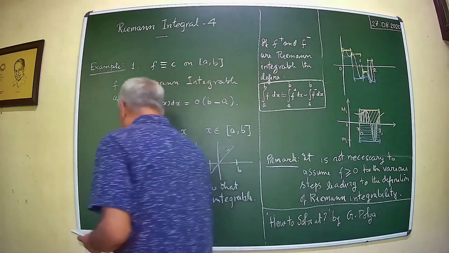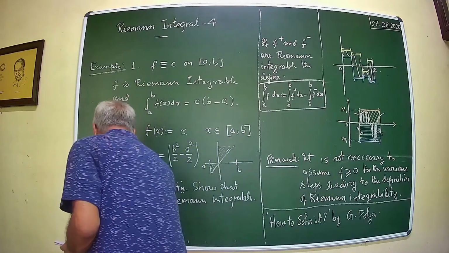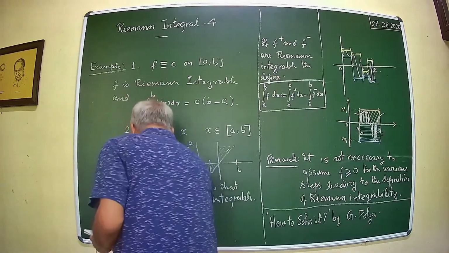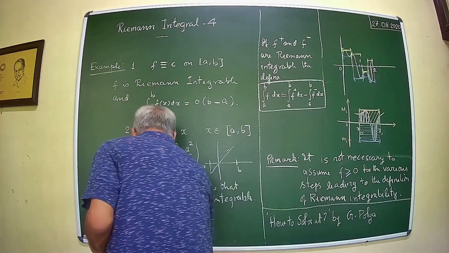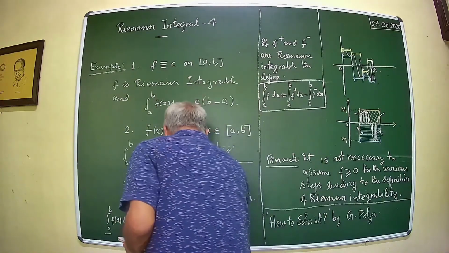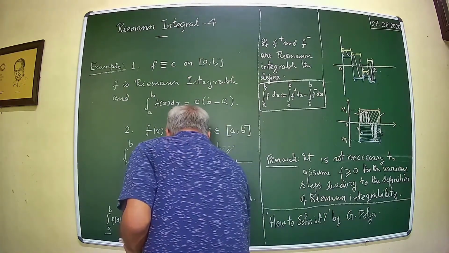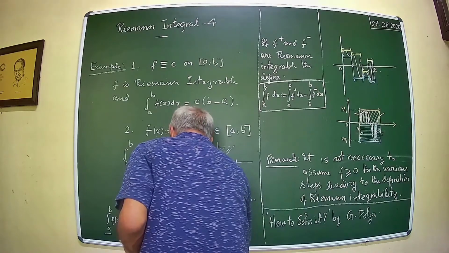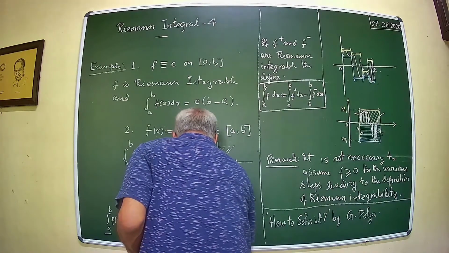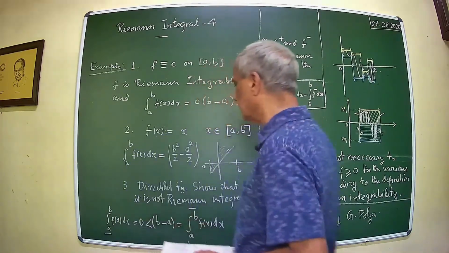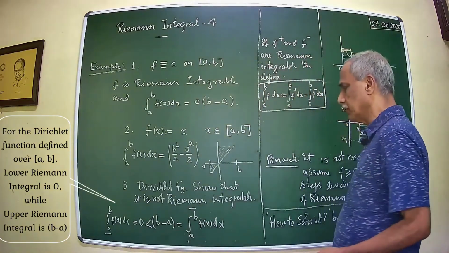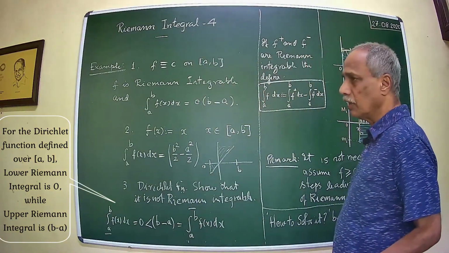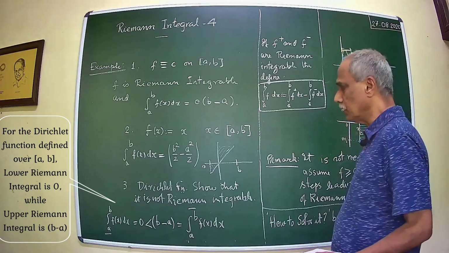In fact, this is what you get: the lower integral from a to b equals 0, which is less than b minus a, equal to the upper integral. Clearly, the lower integral is not equal to the upper integral, and therefore this function is not Riemann integrable.